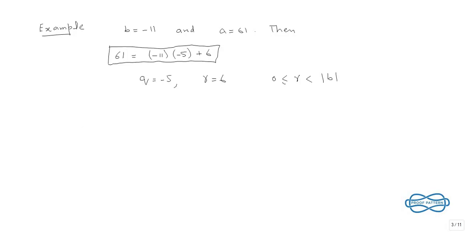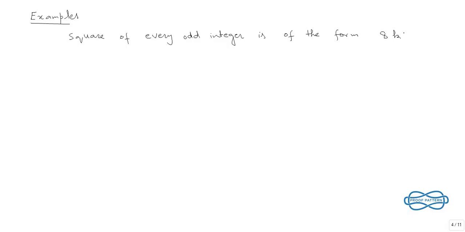Okay, we move to the second example. This example states that the square of every odd integer is of the form 8k plus 1.